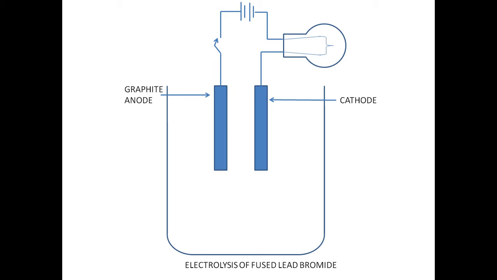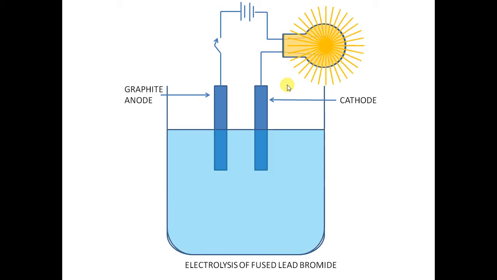Here we are going to use a compound known as fused lead bromide to pass the electricity, and we see that as soon as the fused lead bromide is poured into the vessel, the bulb starts glowing.